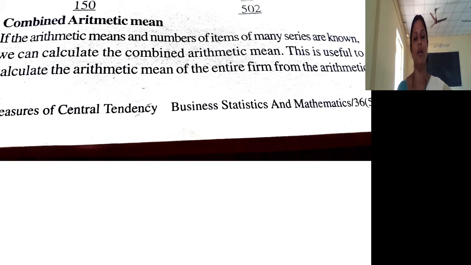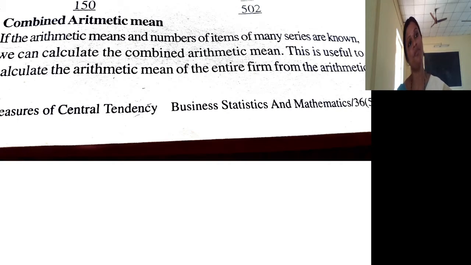Try to understand. For example, if there are 10 firms in an industry and you want to know the industry performance, you will calculate the average performance of each firm, then you will combine the average performance of all 10 firms together. That constitutes combined arithmetic mean or combined mean performance of that industry.